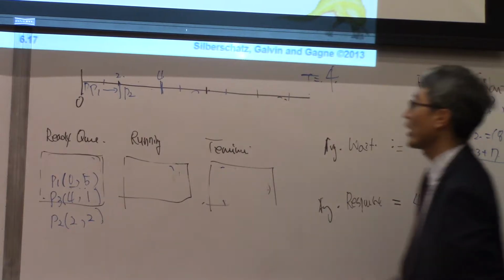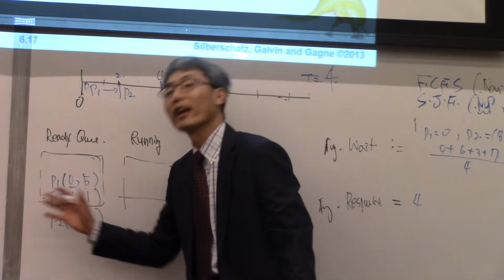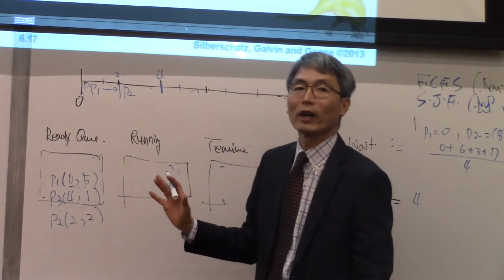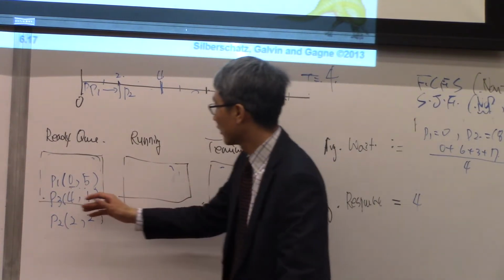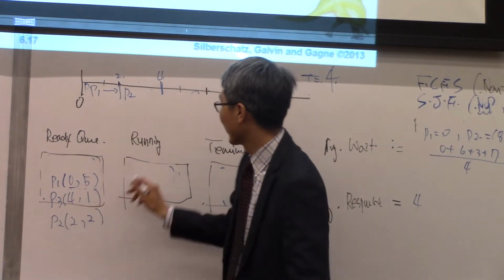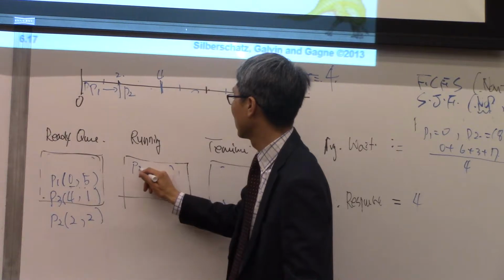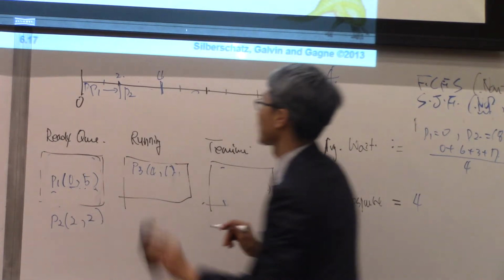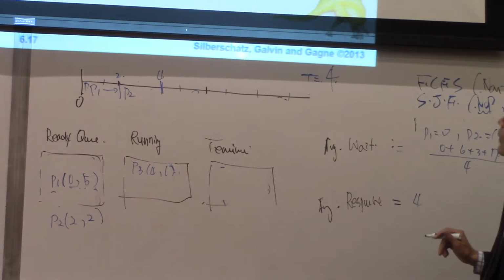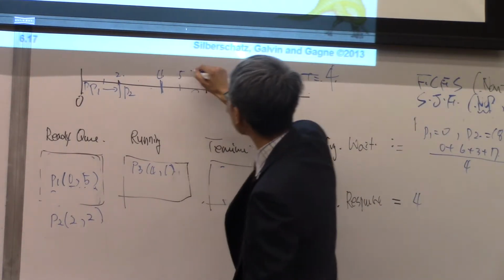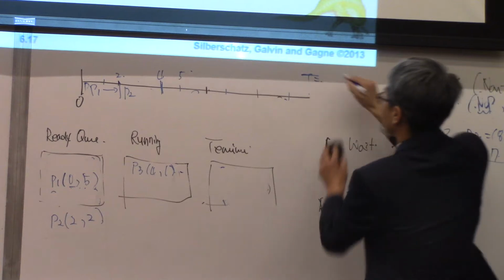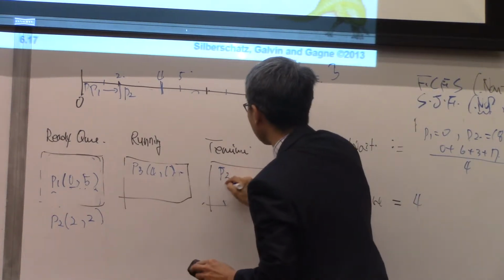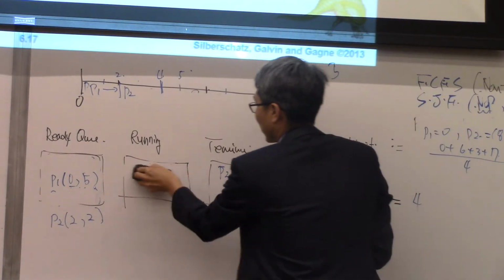At time 4, we select the next process using the shortest remaining time. Which one? P3. P3 will be selected and runs until time 5, when it is terminated.